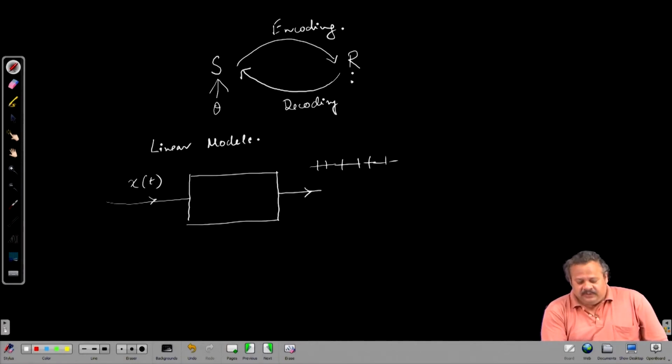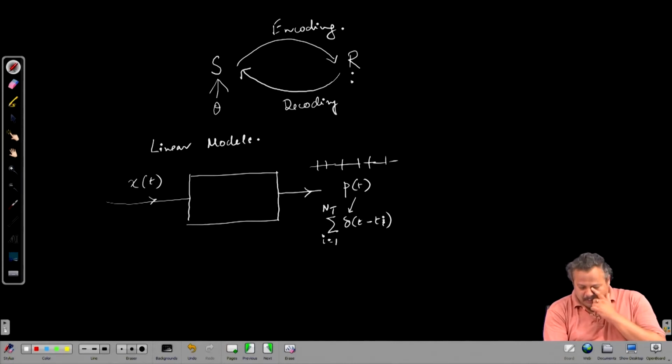So this we will write as p(t), or we will essentially write this as a sum of impulses, that is delta(t minus t_i), where i is varying from 1 to capital N_T. That is what we are saying.